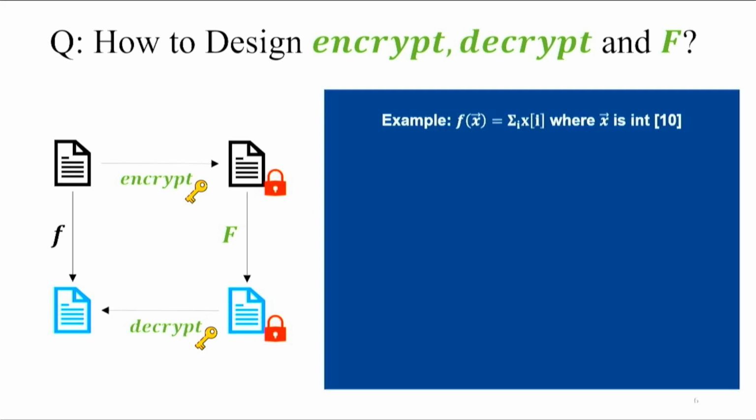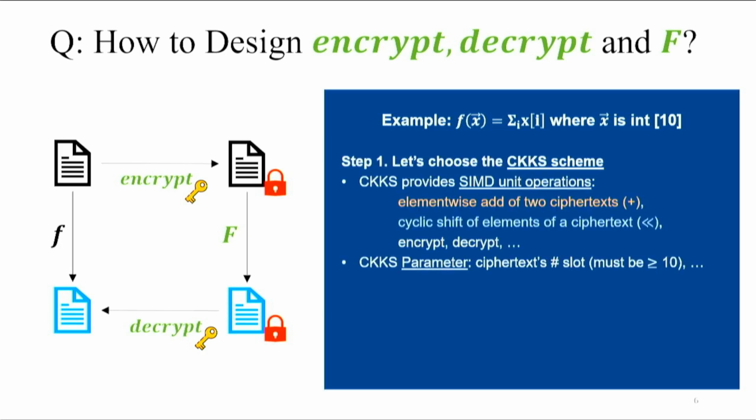Then let's dive into the example. Let's assume that we'd like to implement a homomorphic encryption version of summation, which takes an array of 10 elements and calculates the summation of each element. First, we need to choose some encryption scheme. Let's assume that we choose a scheme called CKKS.